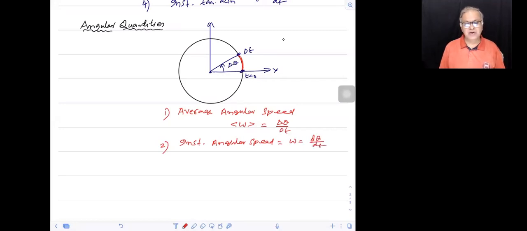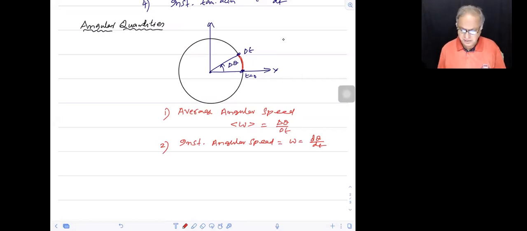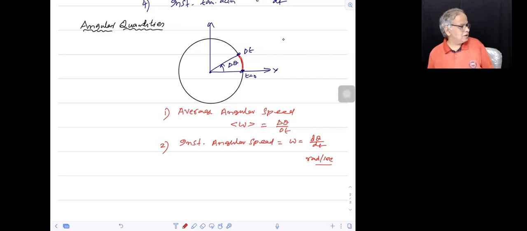Come on, once you understood delta y by delta x is average and dy by dx is instantaneous, now you've got so many things like that in physics. Of course, the units here are radians per second. Previously, meters per second, all that you already know. And you know how to define a radian from mathematics. In fact, that also I defined in the beginning when I started doing some maths for physics.